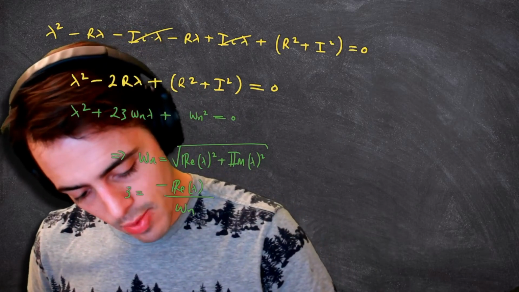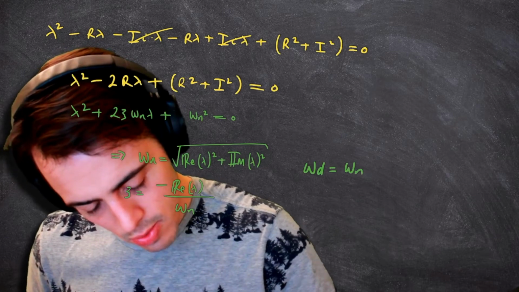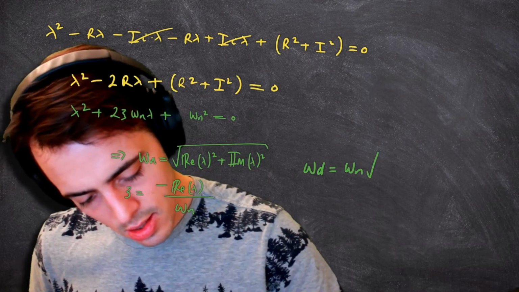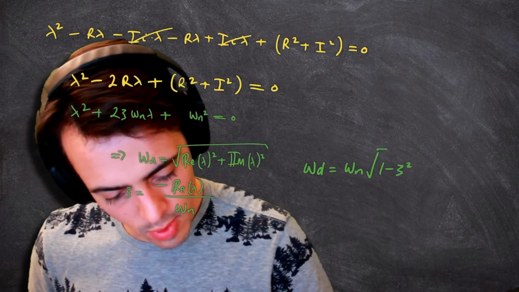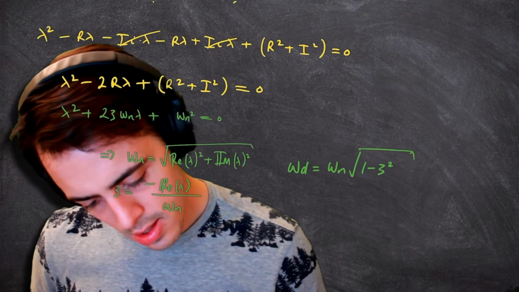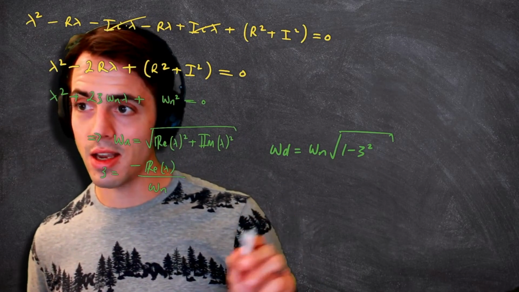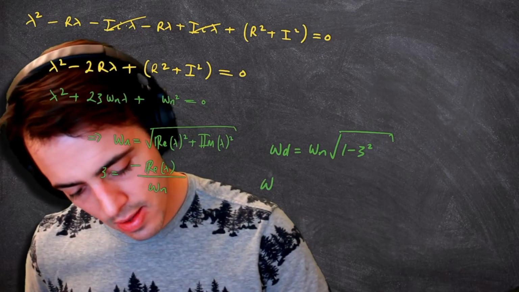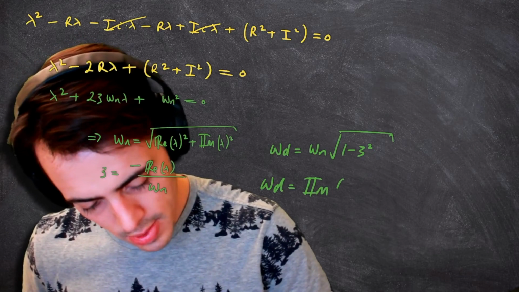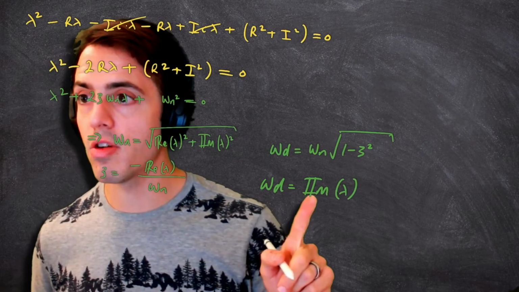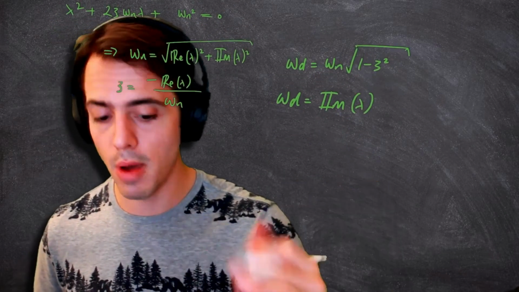remembering that we said omega d is equal to omega n multiplied by the square root of 1 minus zeta squared, then what we can actually do here is we can see, and you should be able to see, that omega d is simply equal to the imaginary part of the root. So the damped natural frequency is the one that we actually see exhibited in motion.